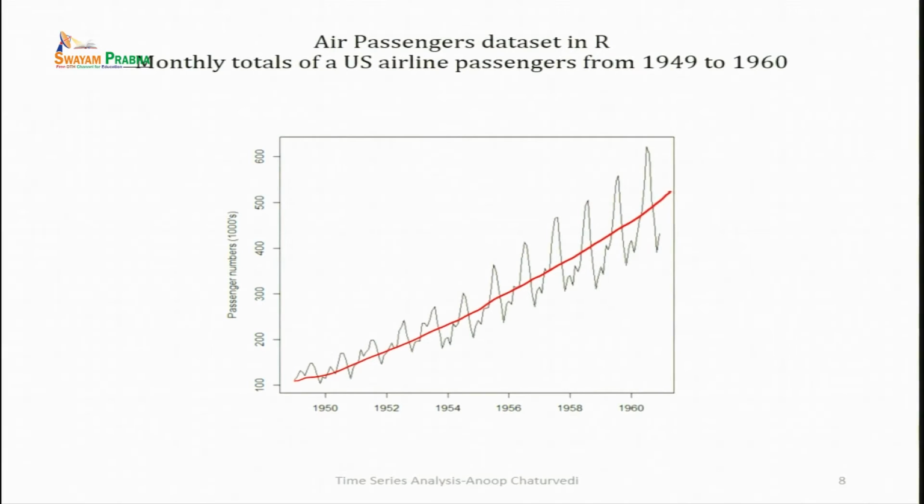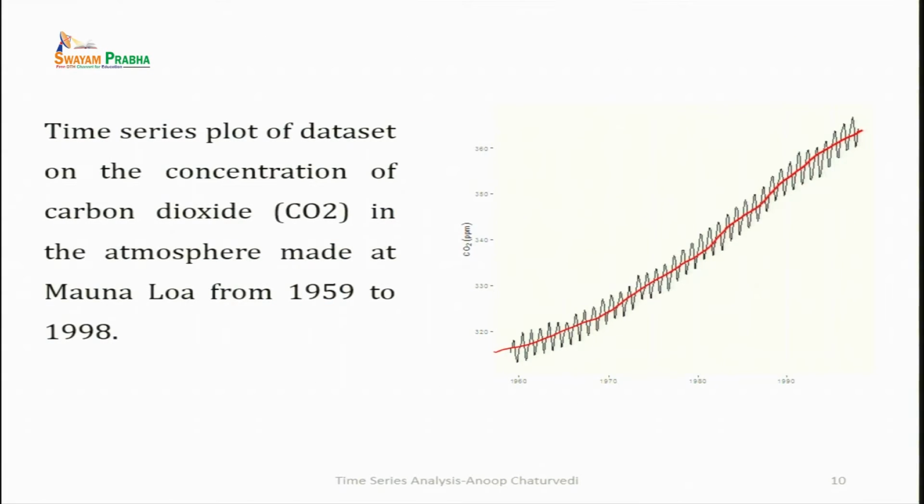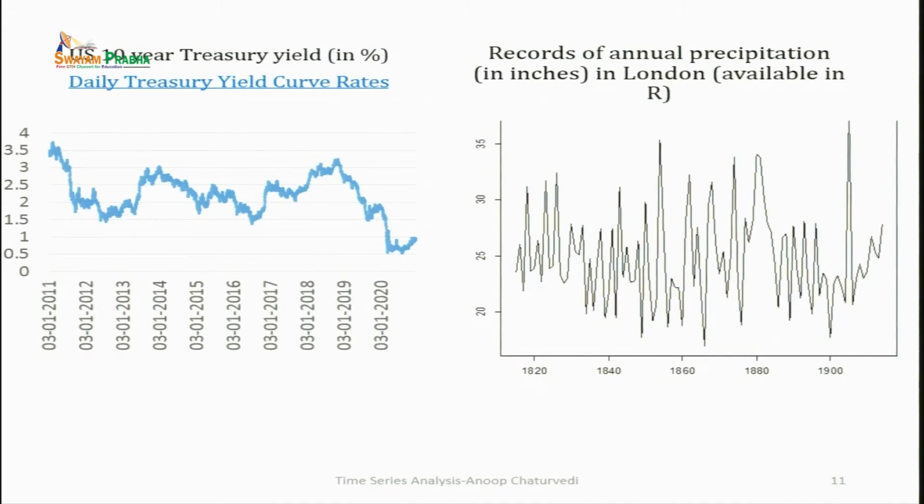Naturally, for this data set, you have to go for the multiplicative model, whereas for this graph again you have seasonality around the trend component, but the magnitude of the seasonality remains constant. So, for modeling this graph, you have to select the additive model.